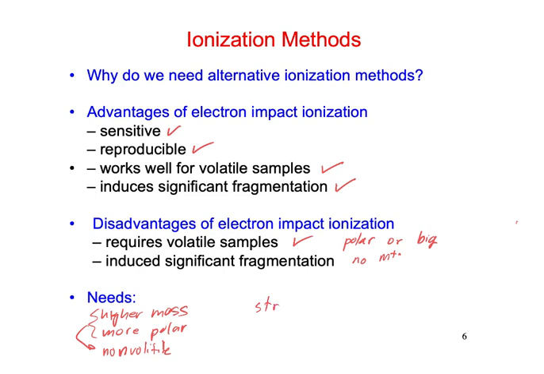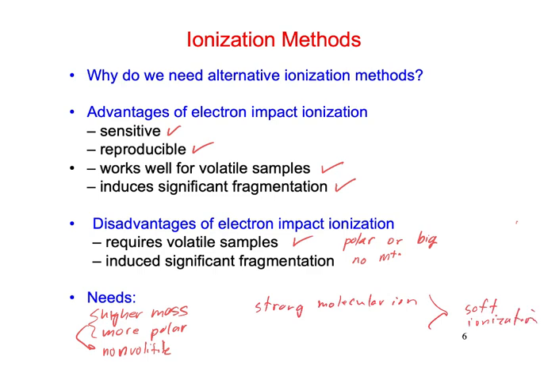We want to have a strong molecular ion, because that might be why we use this method. So really, all of the other techniques that we're going to look at would be considered to be soft.